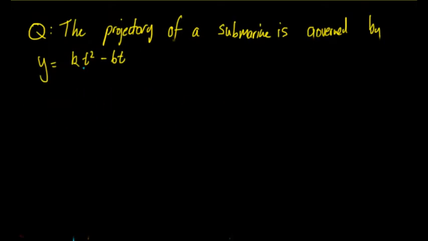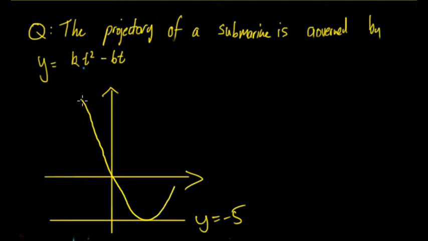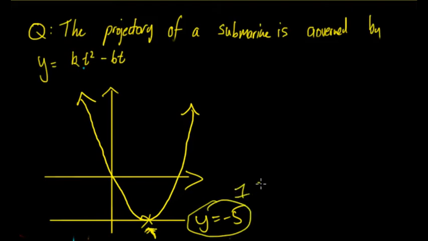Why I say we can use the discriminant is, if we have a graph here, then effectively this is y equals negative 5. And we want the equation to go down, touch it, and come back up. i.e., we want this value here just to touch once, so there is one solution at y equals negative 5.